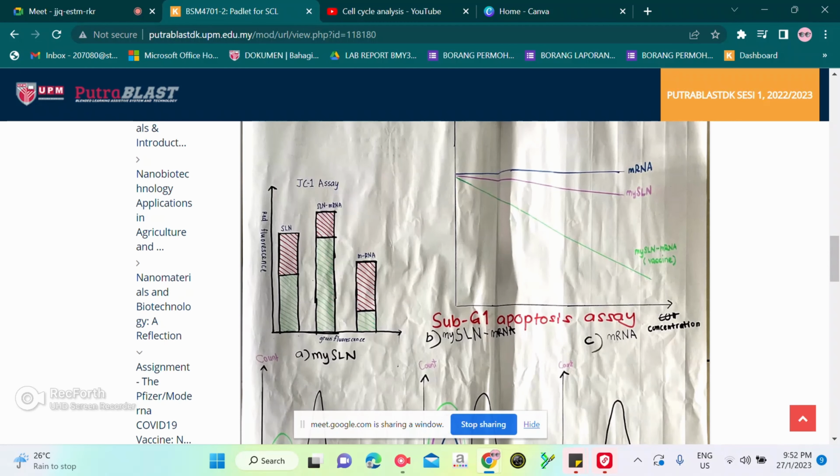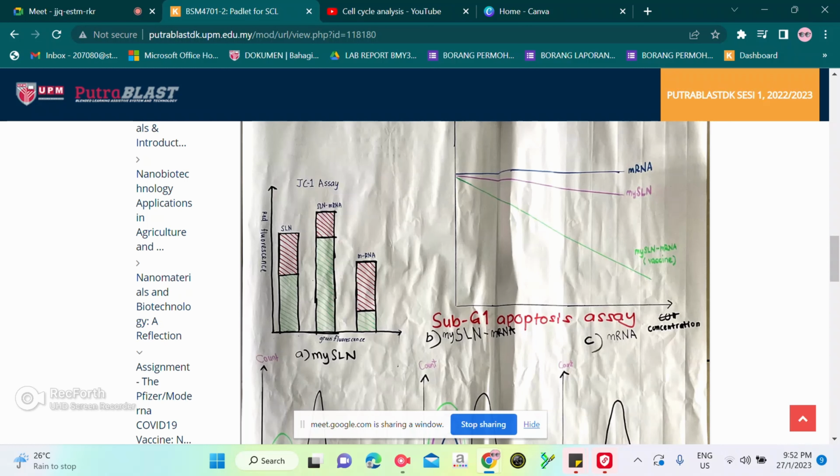Hi everyone, my name is Sopita Anak Perempuan Somdet, and my matrix number is 2070, and Sri and I will be representatives from Team F. Our question is, your team has been tasked to perform the cytotoxicity analysis for the COVID-19 vaccine using special cells that undergo apoptosis when exposed to the vaccine.